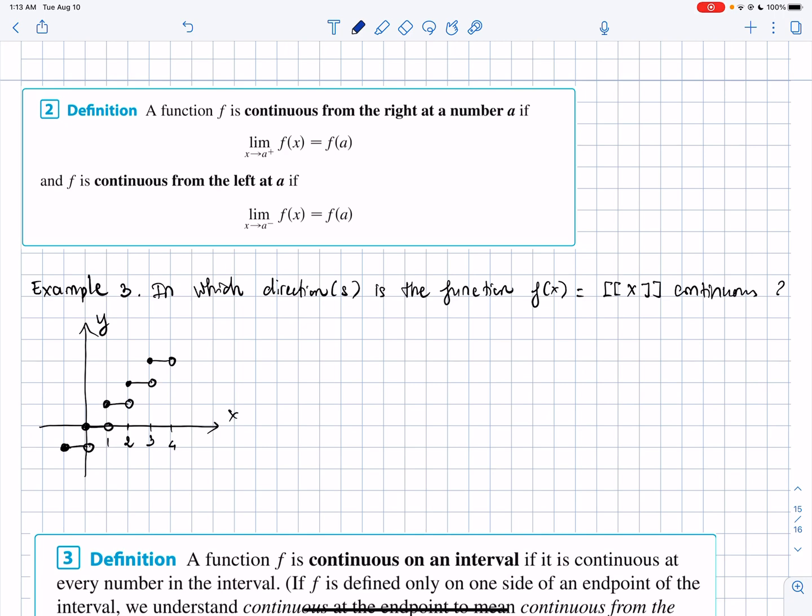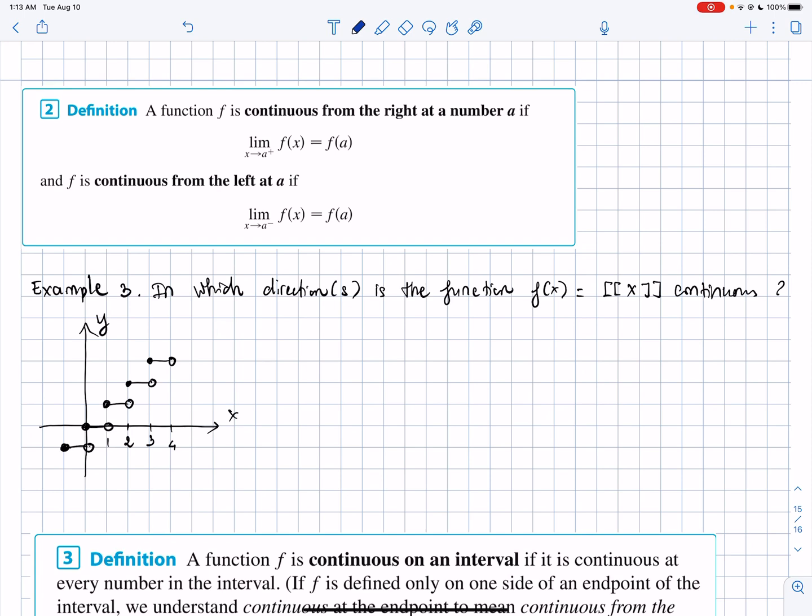In example number 3, we want to check whether the function f of x equals the greatest integer function is continuous, and in which directions. So let's just look at an integer number. Integers have a step, but all numbers like 2.1 and 2.5 are continuous.